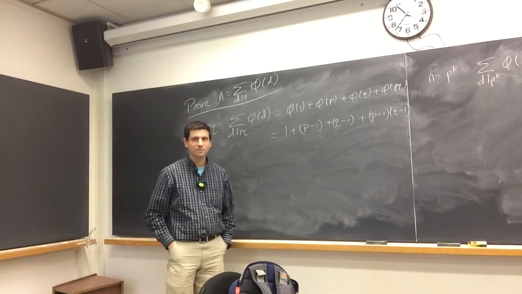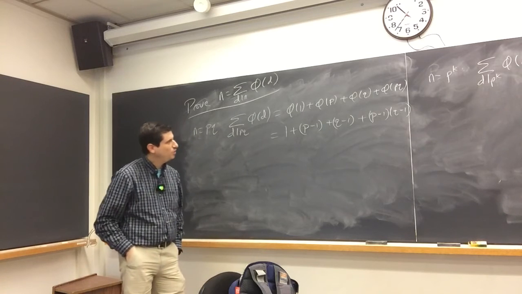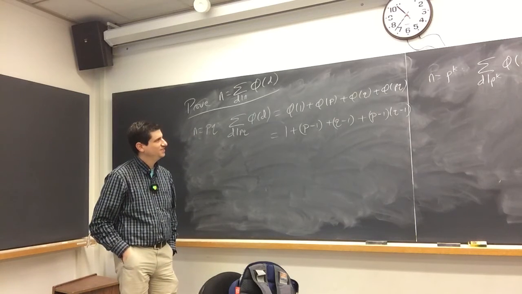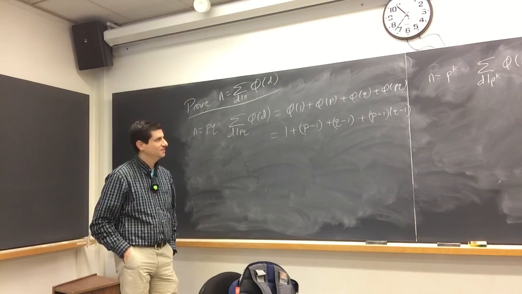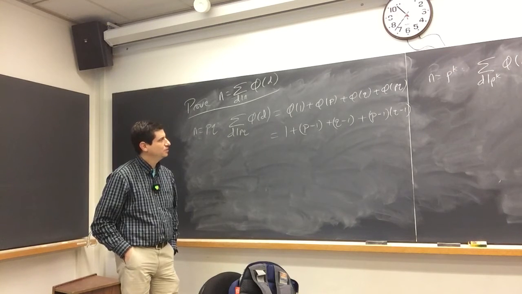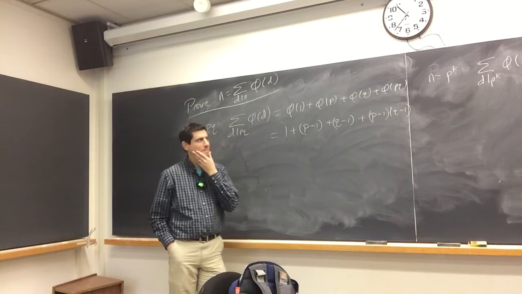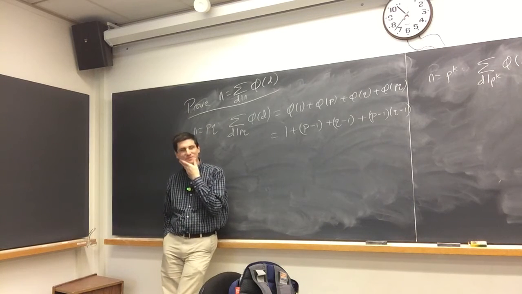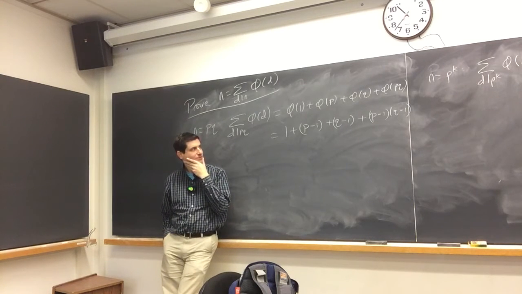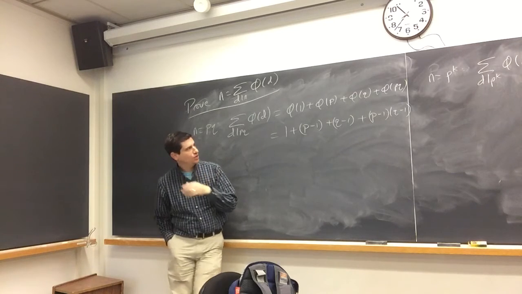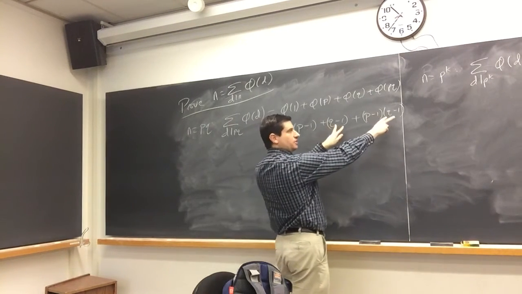You maybe group, but what do I group? The 1 times p minus 1 and q minus 1 times p minus 1. You could do q minus 1 plus 1 times p minus 1. Simplify it a little bit. So you want to combine these two?